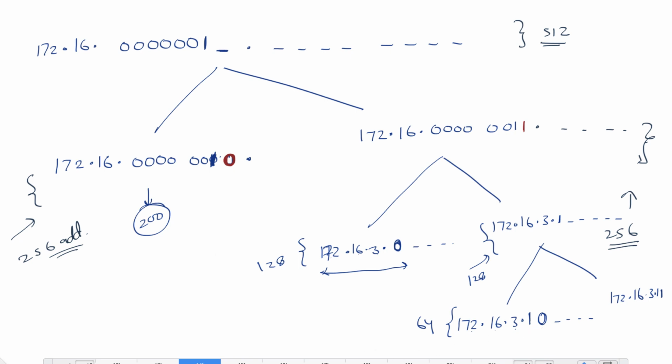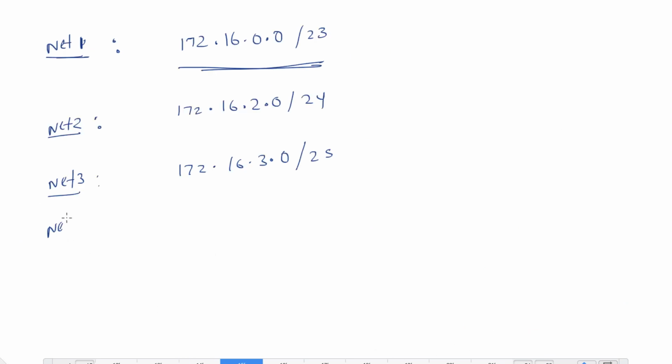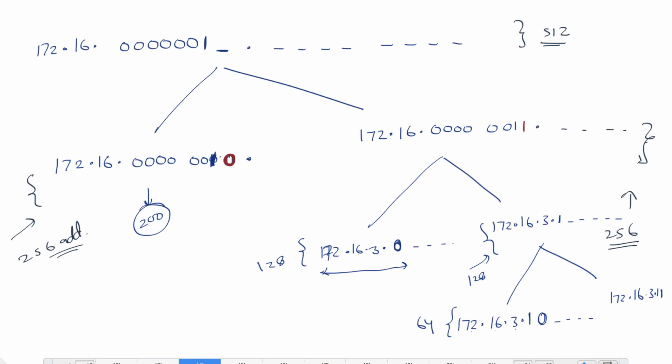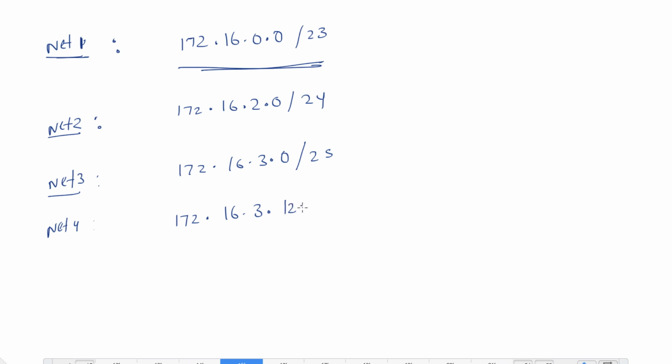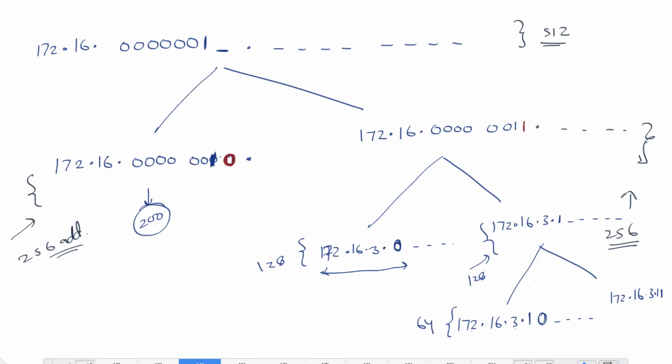So for network 4, you will say 172.16.3.128/26. This 26 is important. Why? Because this is 26 length, which is fixed. 26 bits are fixed. That's why this 26 is important.